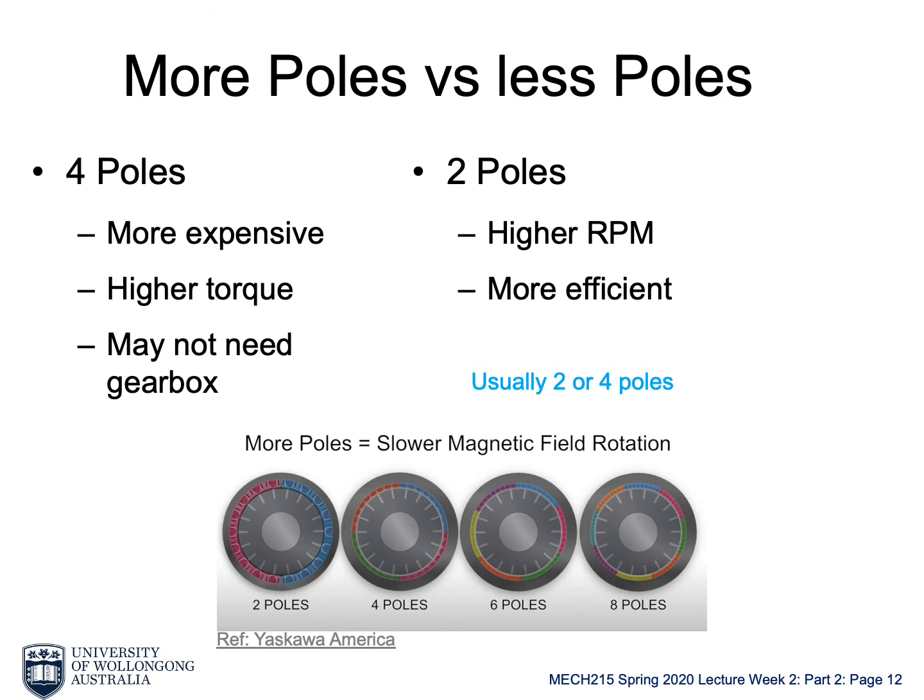Also, more poles means the winding is more complex, and the motor is more expensive. If it's slow enough, you might not even need a gearbox in some cases. Most commercially used ones are 2 poles or 4 poles, but you can find 6 pole or 8 pole motors as well.